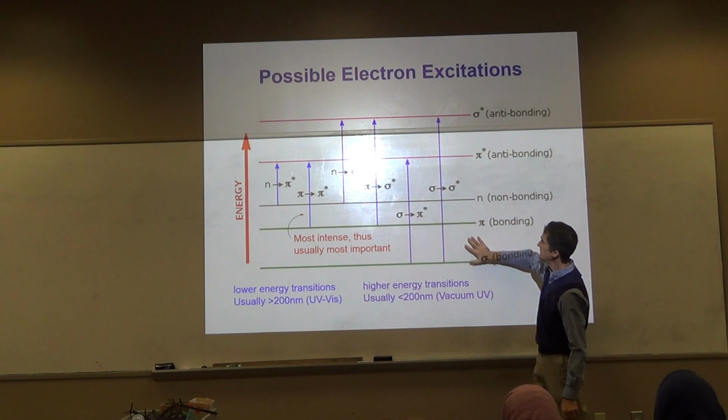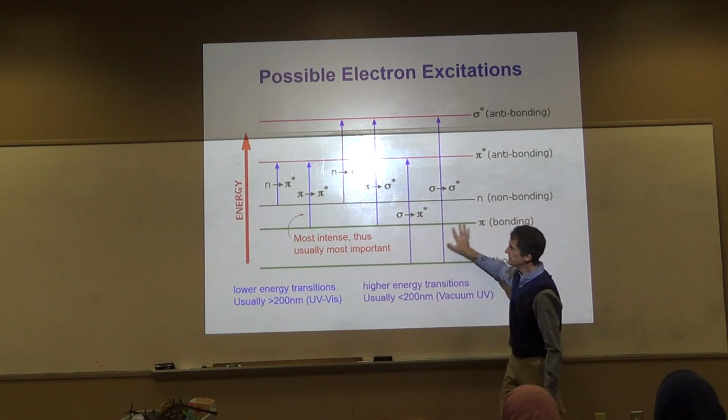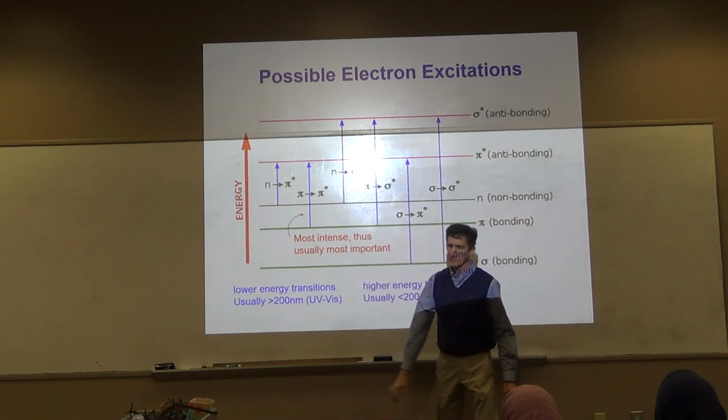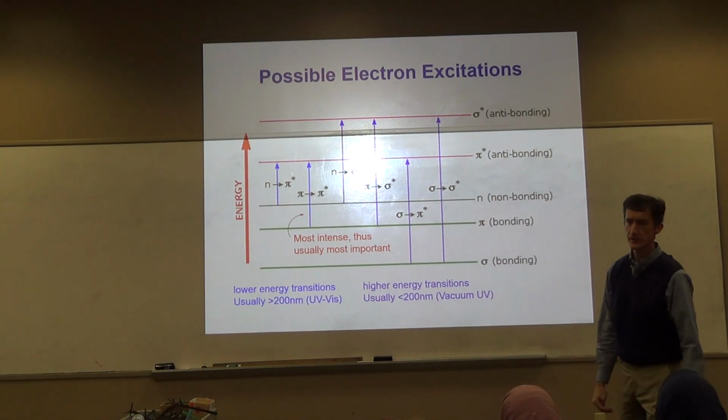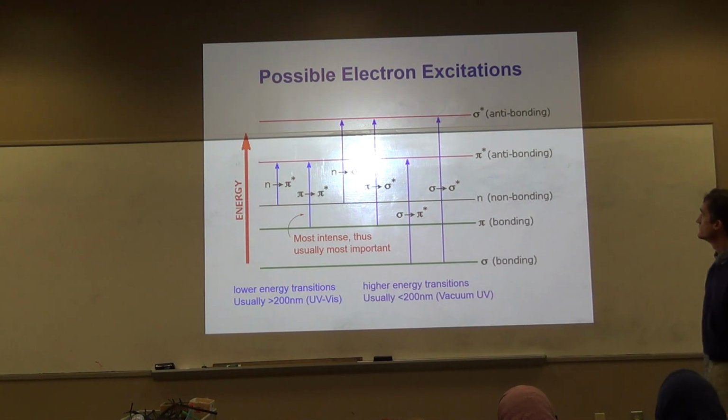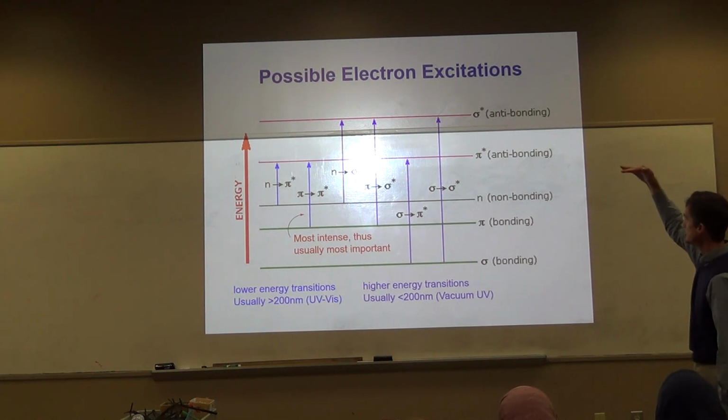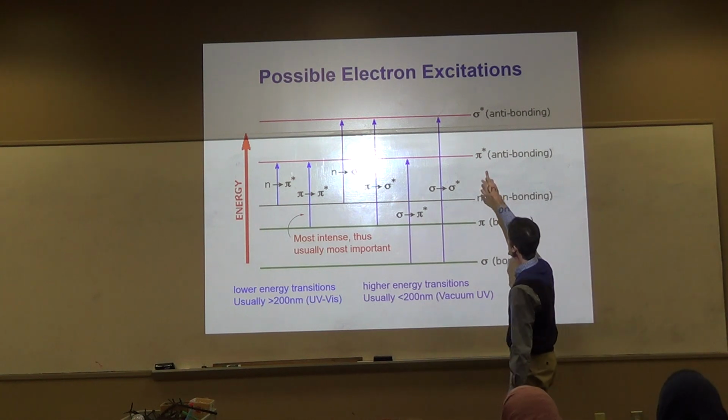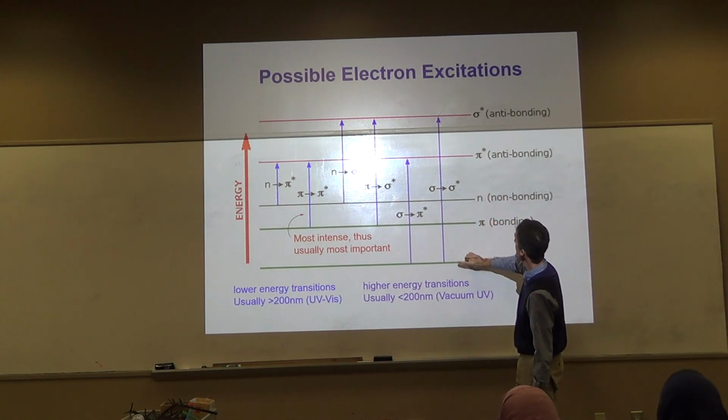But they can be excited to a higher energy level. And to understand these levels, you really have to have had some molecular orbital theory. Okay? Which I don't know that we've had much. But we have higher energy levels, and we can excite.